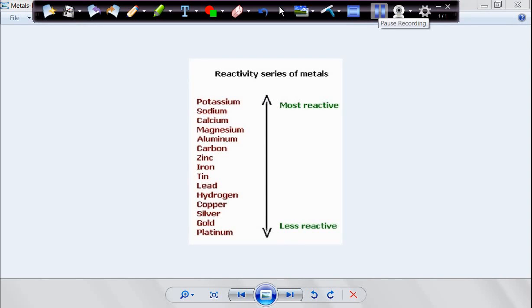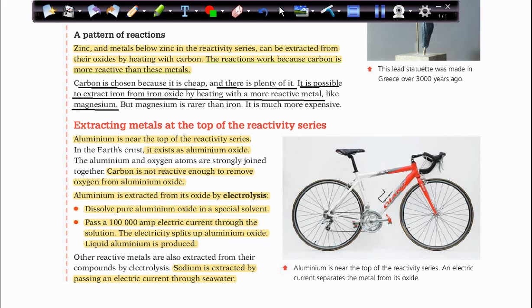Okay, let's look at the reactivity list here that we have. Look at the carbon position here. Below carbon we have zinc, iron, tin, lead, hydrogen, copper, silver, gold, and platinum.